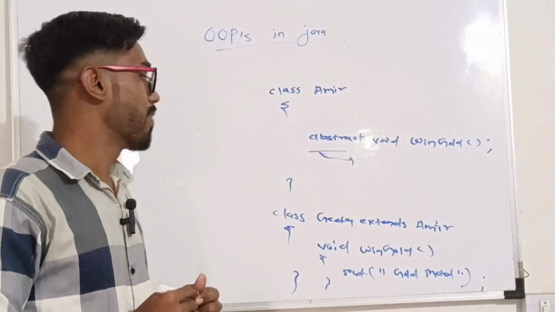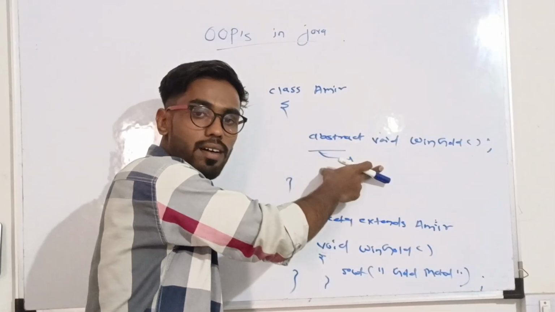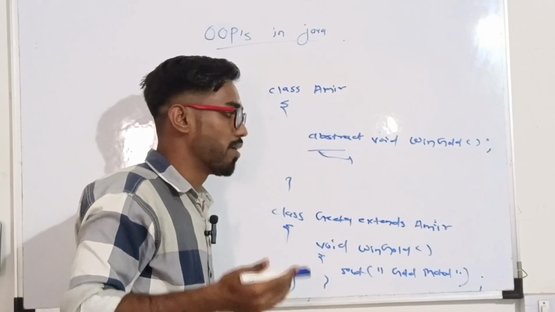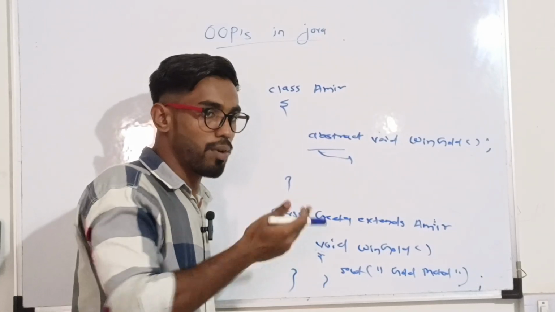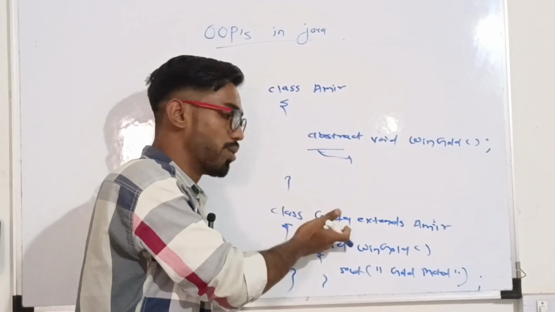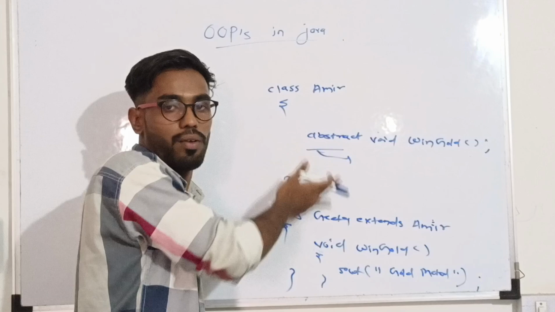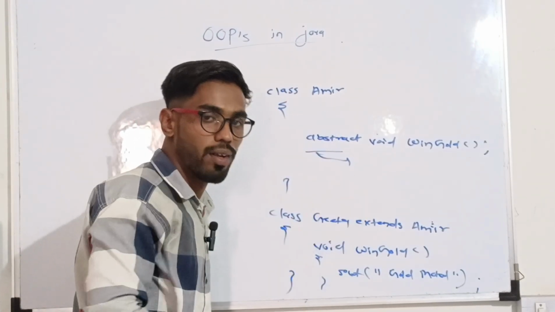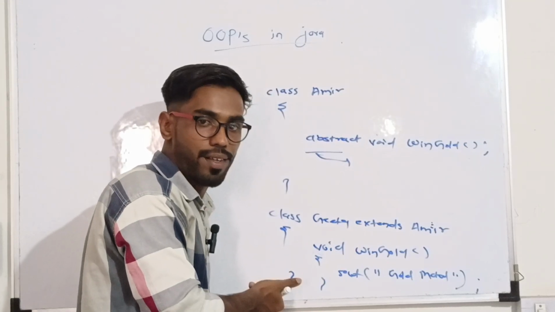So what happened here? Aamir Khan has a dream that is incomplete because of some issue, and to complete that dream there is daughter Geeta. Geeta inherits Aamir's dream and completes it in her particular class. That's the concept of abstraction.